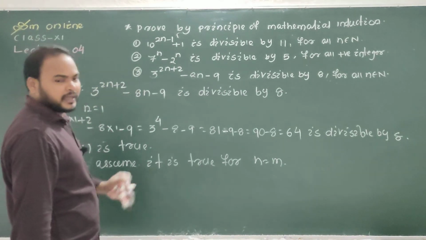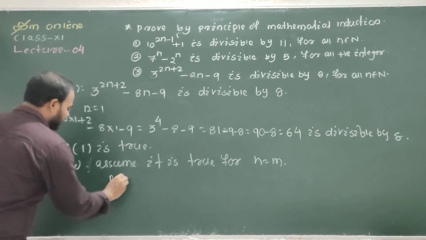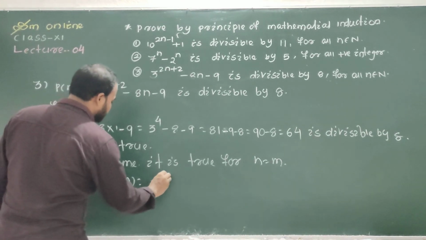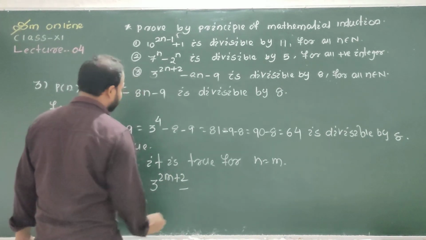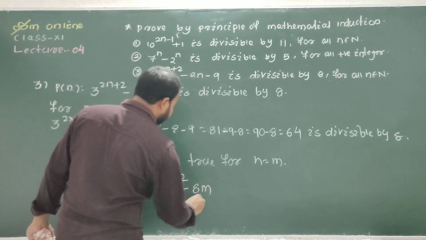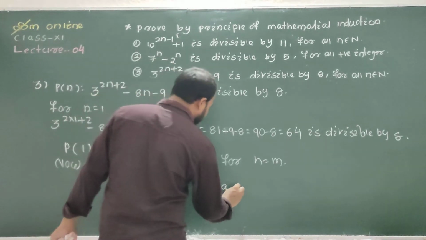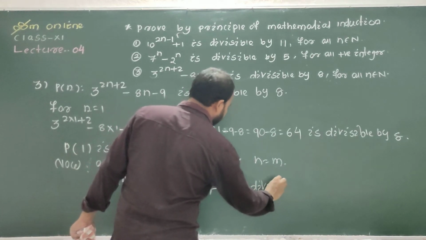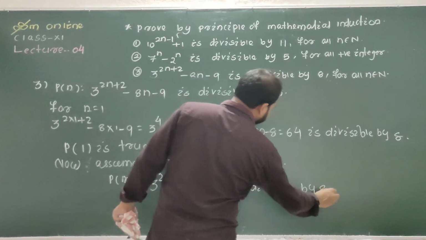This is P(m) such that 3 to the power 2m plus 2 minus 8m minus 9 is divisible by 8.